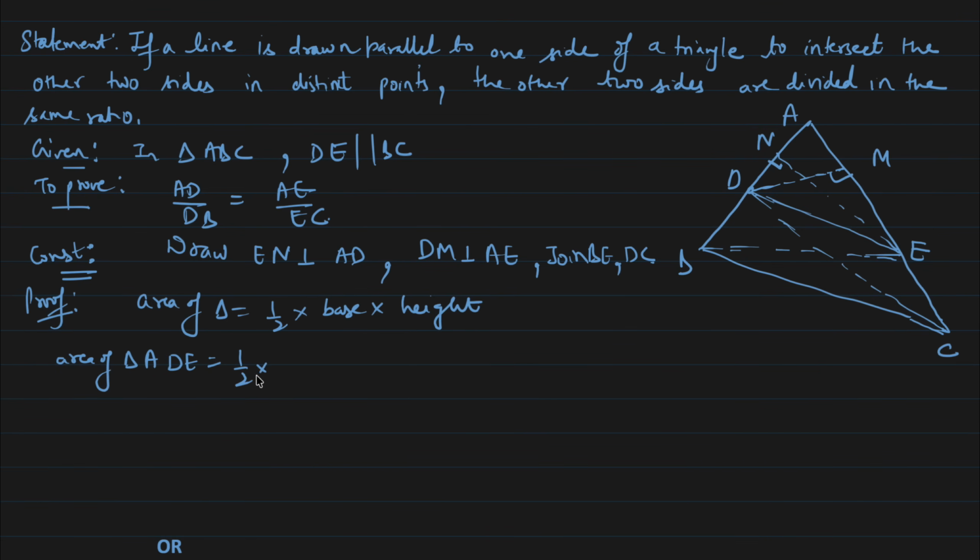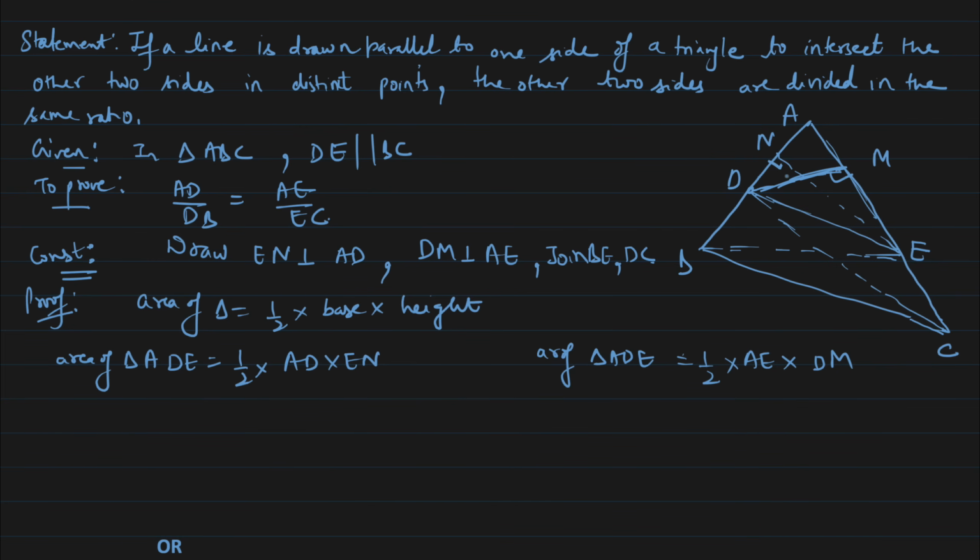I can write half into, if I consider AD as the base, then AD into EN, right? I'll write over here also area of triangle ADE. If I consider AE as the base, then DM is the perpendicular, right?